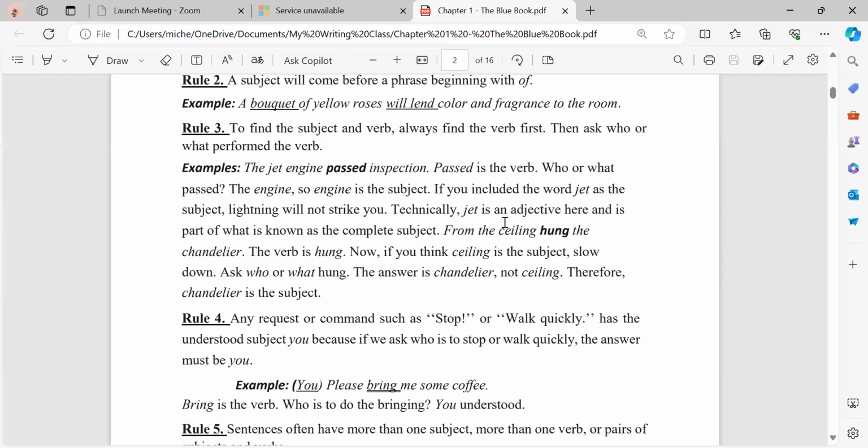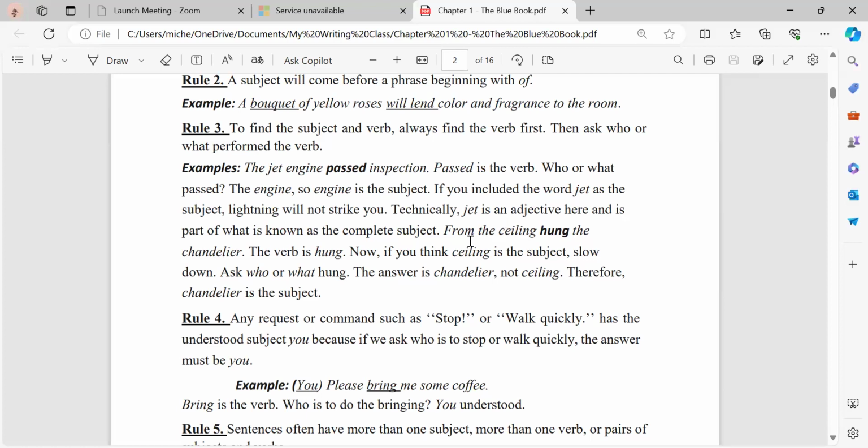If we say "jet engine" is the subject, that will not technically be wrong, but "engine" is the primary subject in the sentence. So if we add adjectives, it will be known as the complete subject.